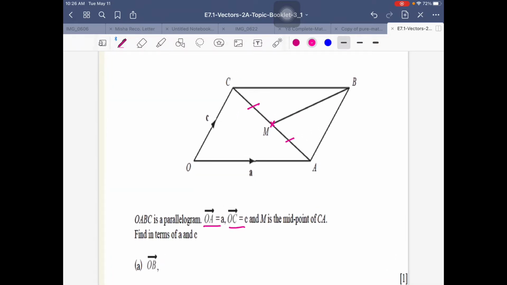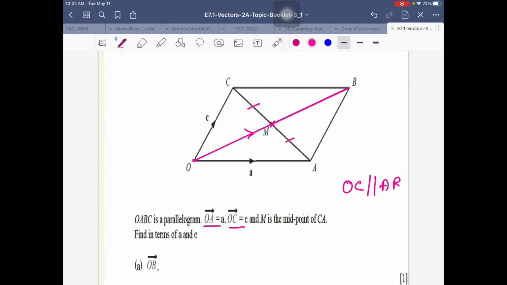So to find OB vector, I join O with B. So this is OB vector. Because it's a parallelogram, that means OC is parallel to AB.